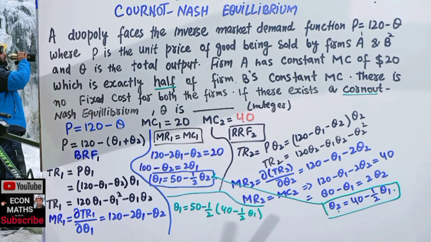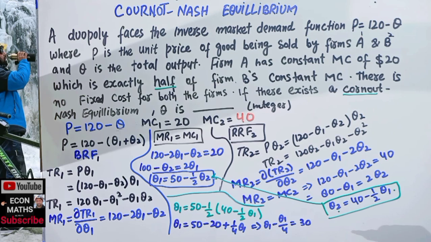Solving, Q1 will be equal to 50 minus 20, minus minus is plus 1 upon 4 Q1, which implies, if I transpose it here, Q1 minus Q1 divided by 4 will be equal to 30.